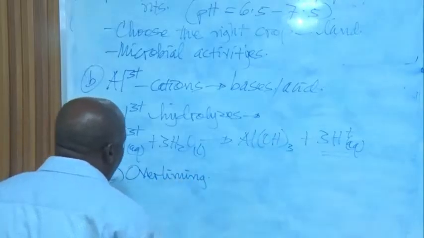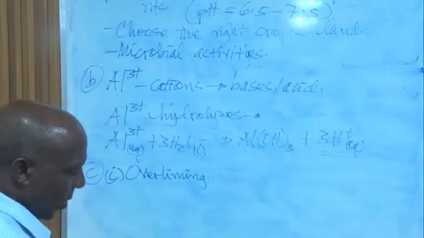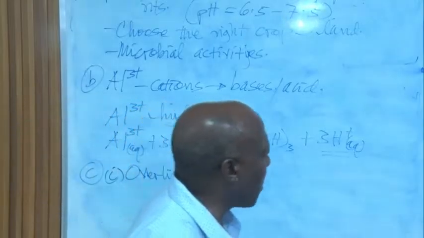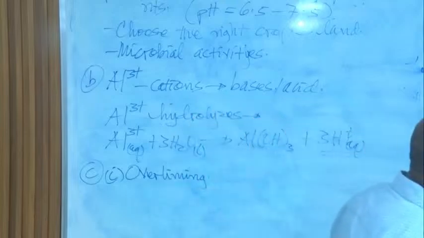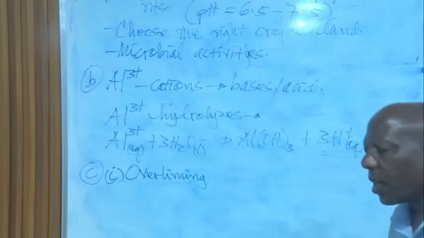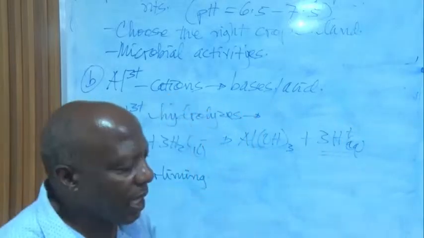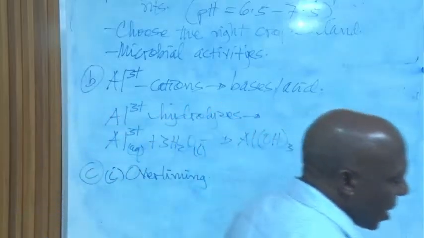Now, liming is the process, or one of the methods, used to regulate soil pH. It is the addition of lime or liming material. And what are these liming materials? Normally in agriculture, we use silicates, carbonates, hydrogen carbonates, and the oxides of magnesium and calcium as liming materials.